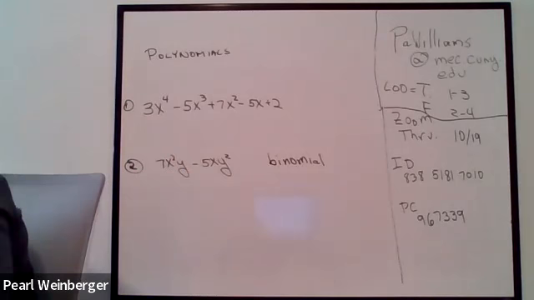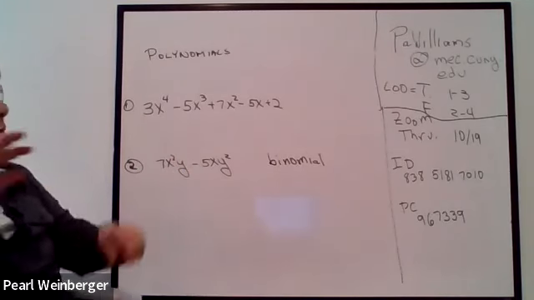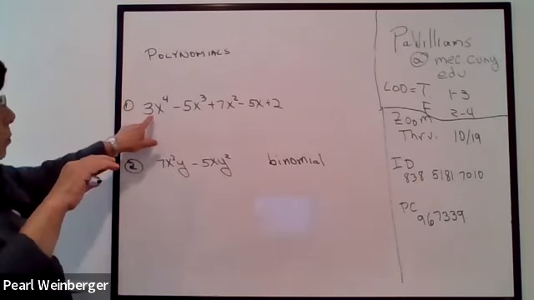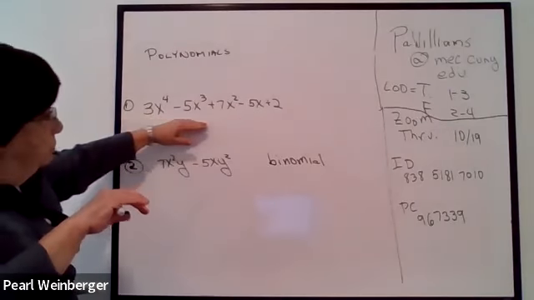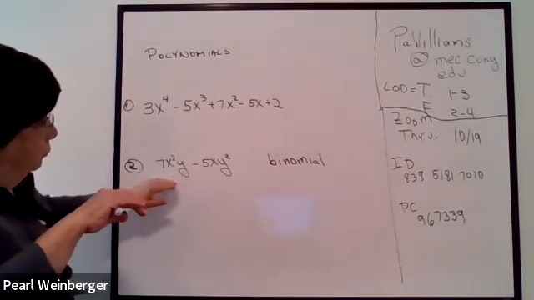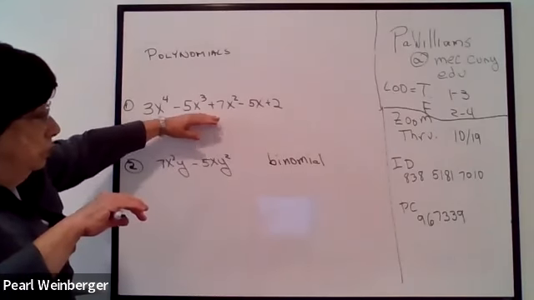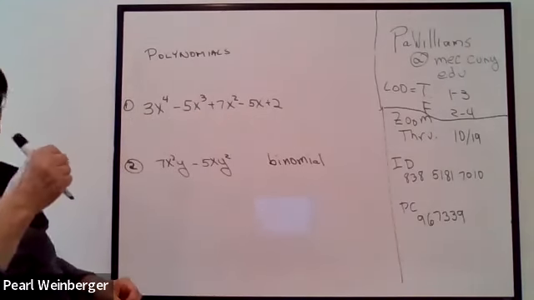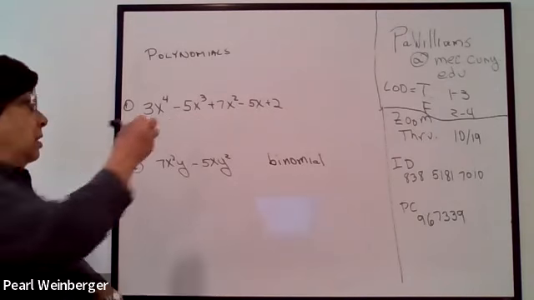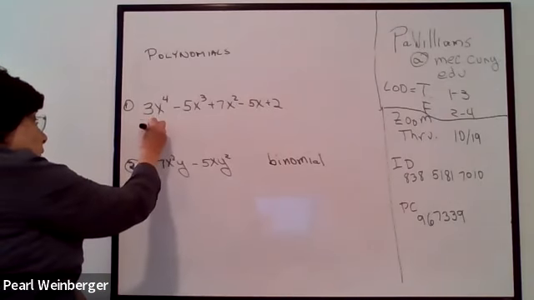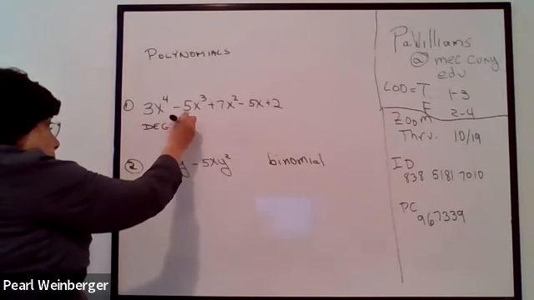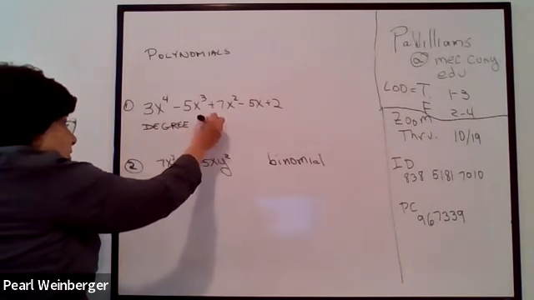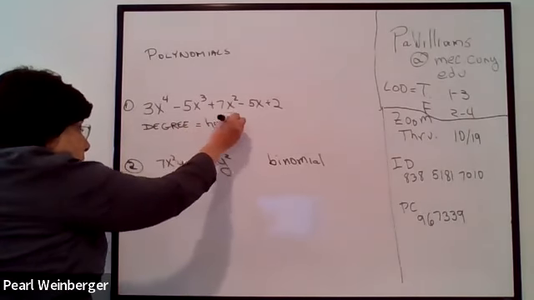Now, the question is, first of all, let's talk about this. When you have just one variable, like in this first example (here we have two variables, but let's talk about one variable), then we can talk about the degree of the polynomial, which is the highest exponent you see.